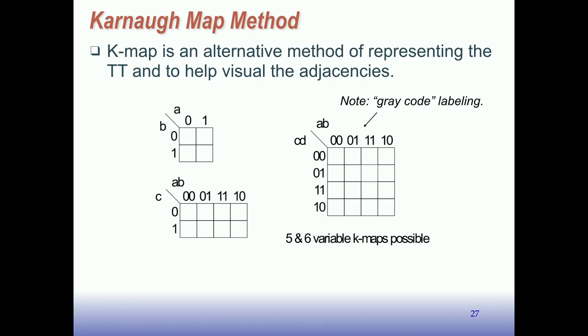And I don't know if people have heard of gray code before. Does anybody know what a gray code is? Okay, a gray code is a binary code where when you move from one combination to the next, you only change one of the bit positions at a time.